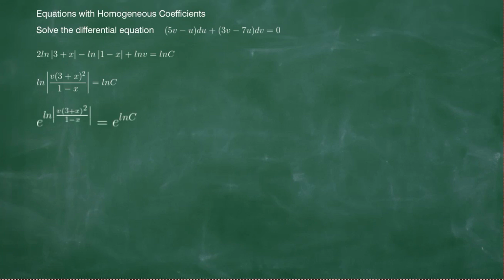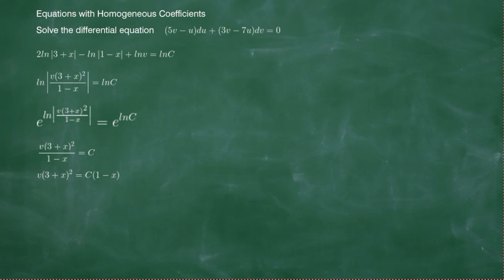Then we take the exponential of both sides of the equation, and we will have the expression over (1 - x) equals c. Multiply the whole equation by (1 - x), we get this. And we know from u = vx, it follows that x is u over v. And then we substitute x = u over v. We have v times (3 + u/v)² equals c times (1 - u/v).